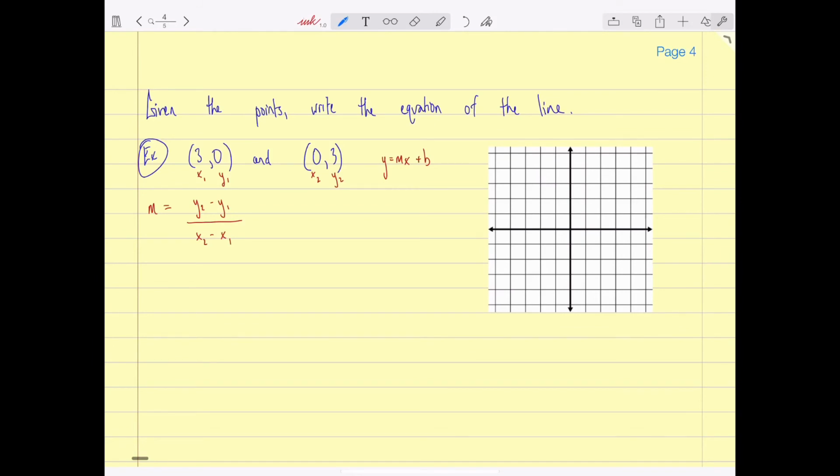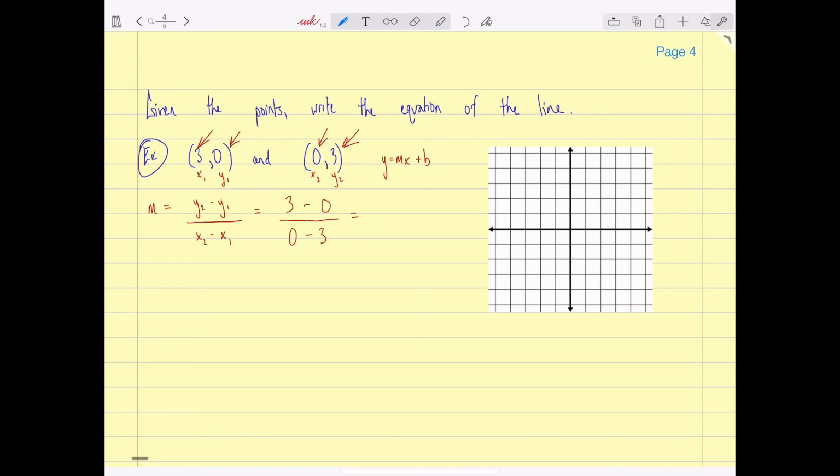And once you do that, you're just replacing the numbers. So y sub 2 is 3. We're talking about that 3. And y sub 1 is 0. So 3 minus 0 divided by x sub 2, so that's 0, minus x sub 1, which is 3.